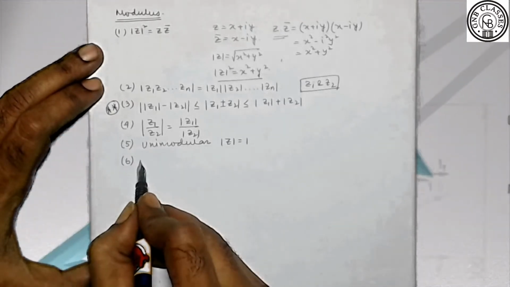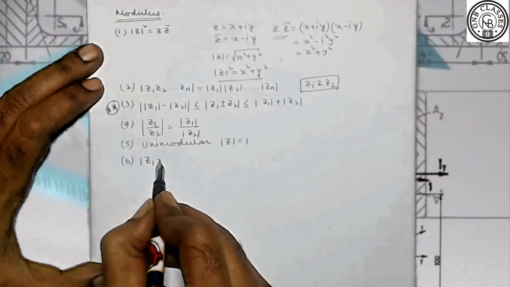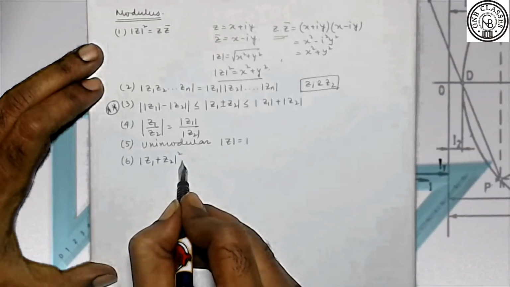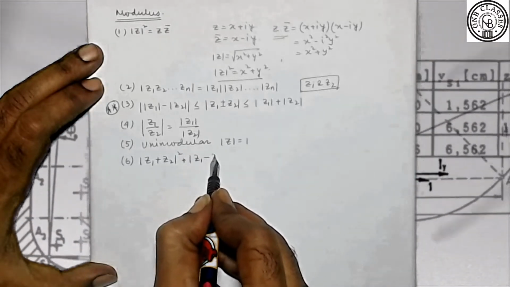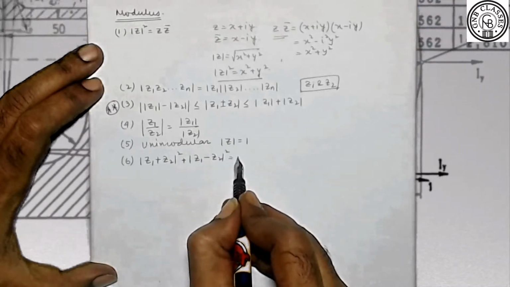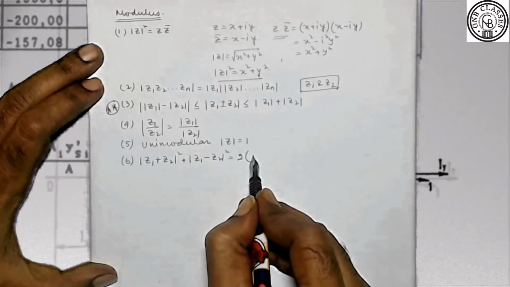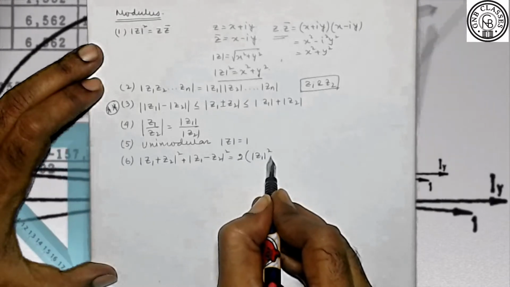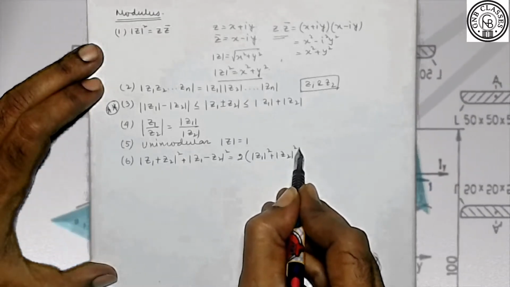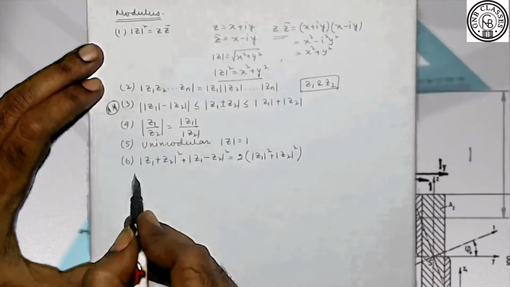Number 6. Mod of z1 plus z2 whole square plus mod of z1 minus z2 whole square is always 2 times mod of z1 square plus mod of z2 square. Okay, this you can prove by yourself.